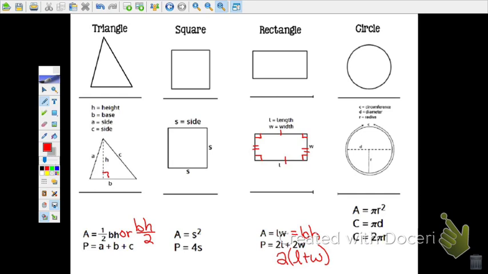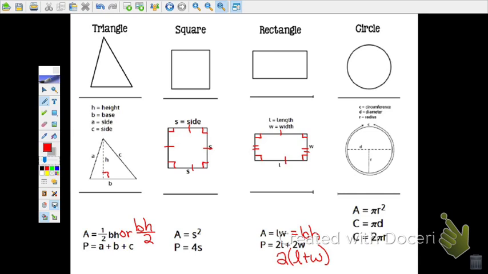So a square is just a special kind of rectangle in which all 4 sides are congruent. So it's not necessary to do anything different. You can use the area and perimeter formulas for a rectangle. They work for a square. What we see in our notes is just specific to the square.